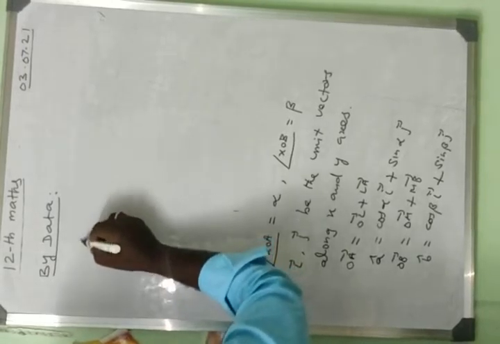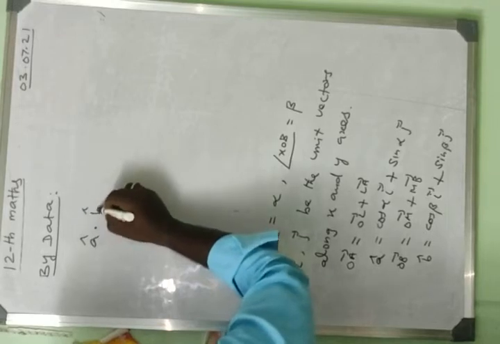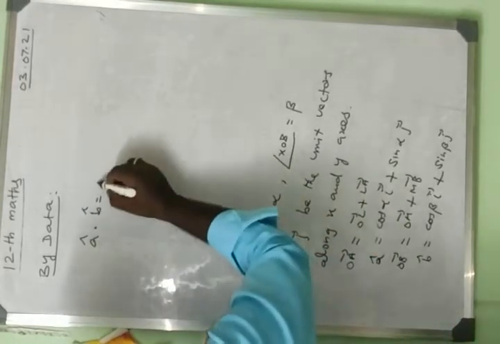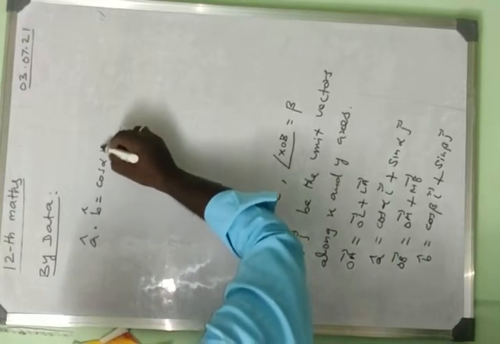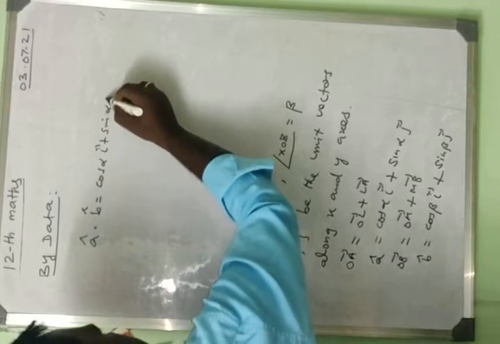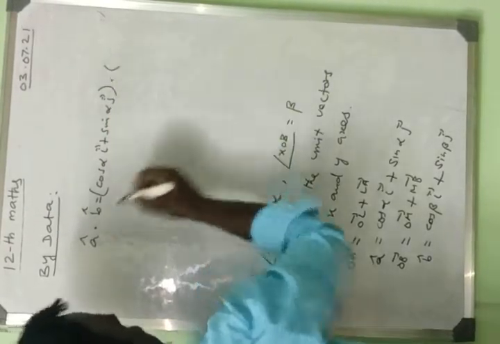So cap A dot cap B, very important. Cap A is cos alpha vector I plus sin alpha vector J, bracket close, dot, what is cap B?